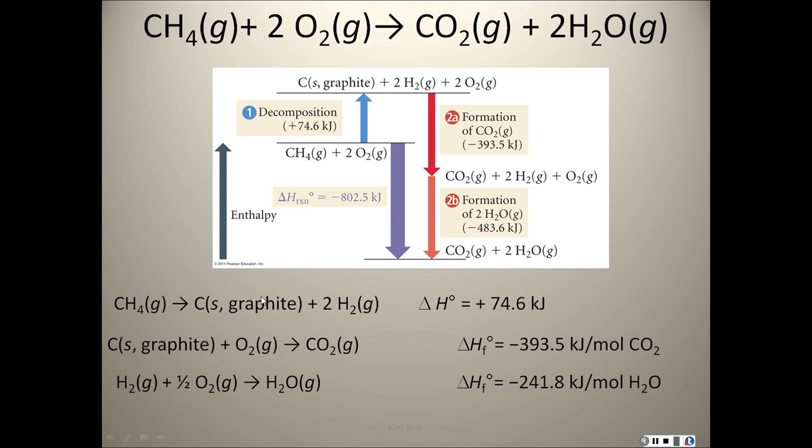Okay. From this step here, you'll note the graphite was produced as a product and used as a reactant in the second part, the second step. So here, graphite is produced and then used up with the oxygen gas and forms CO2. Okay, there's that.